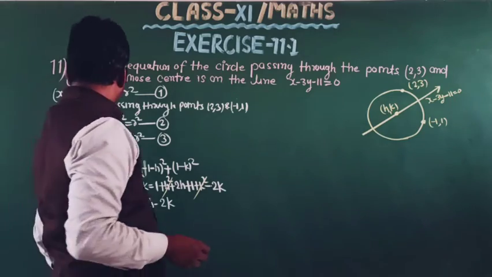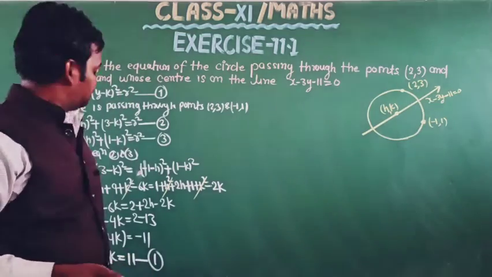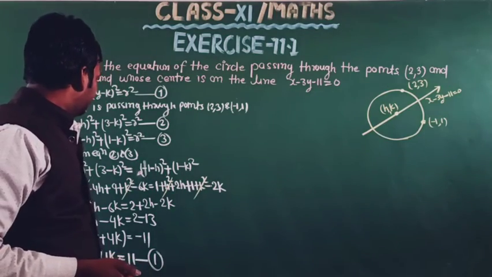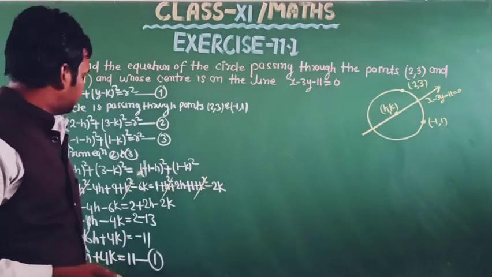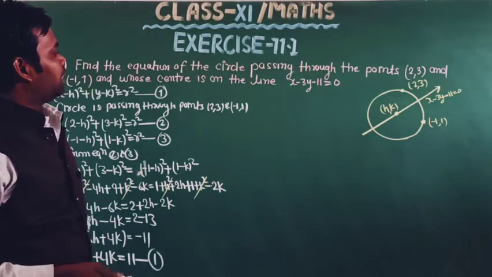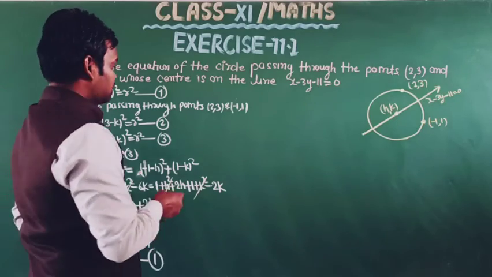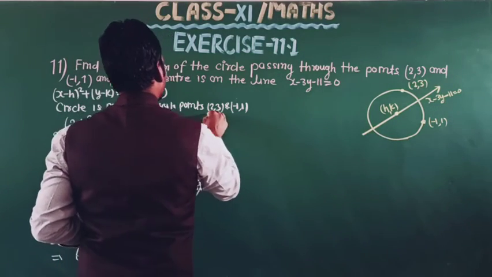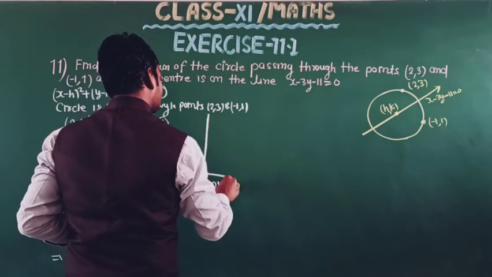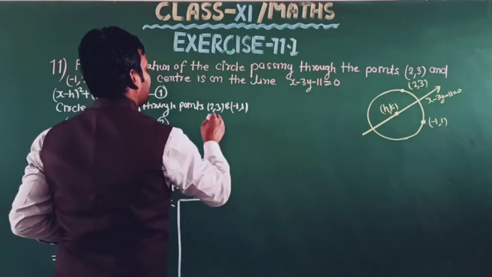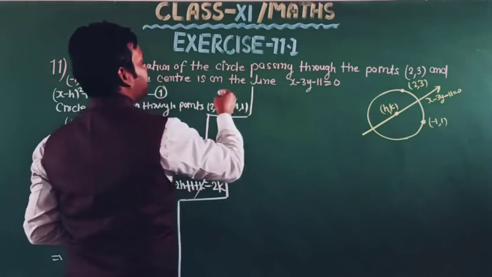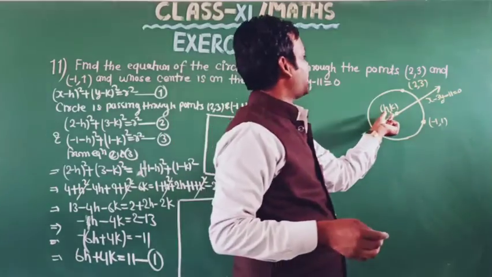Okay, this is a pair of linear equations in two variables, and here the center (h, k) is the same center.